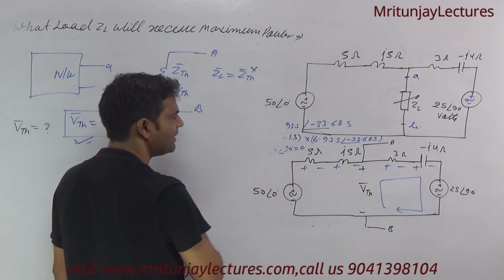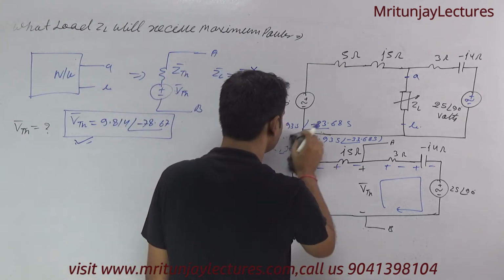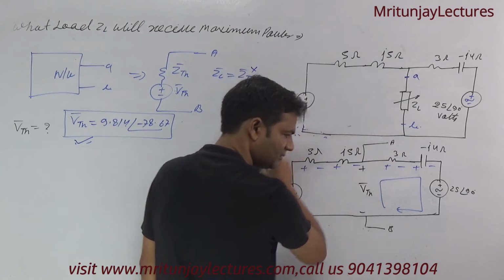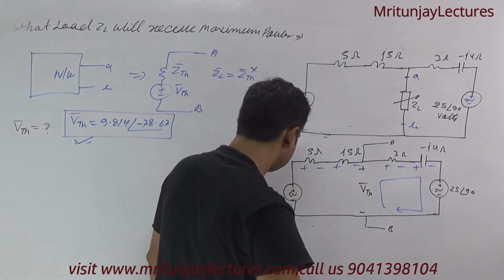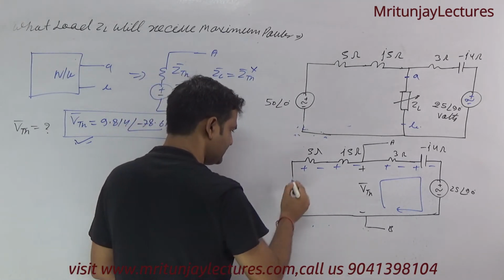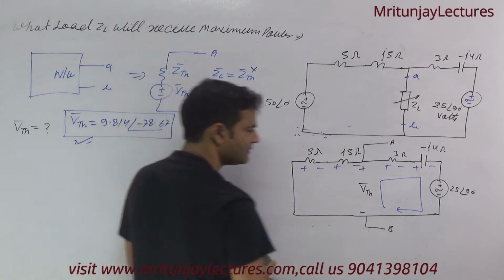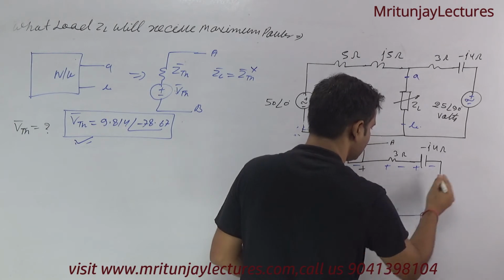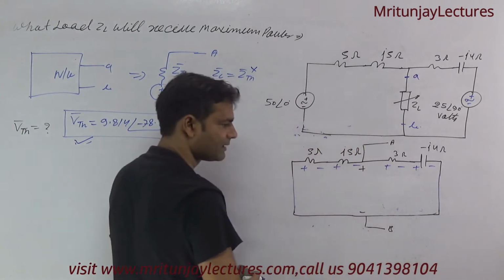Now our next target is to determine ZTH. How can we determine ZTH? To determine ZTH, all independent sources should be 0, meaning this one and this one are short circuited. Clear?